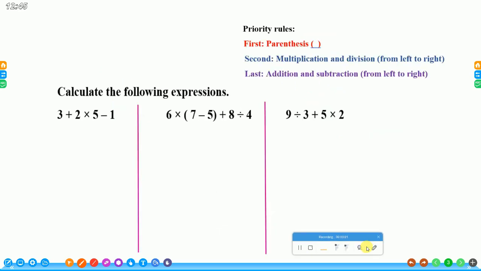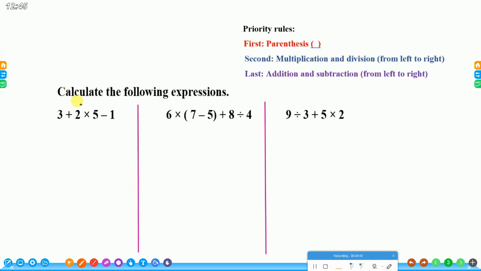Now let's solve some examples. Calculate the following expressions. When they ask us to calculate an expression, it means we need to solve it by following the priority rules. So it's very important to follow the priority rules, because if we don't follow them and we start calculating the operation that we want, our answer will be wrong.